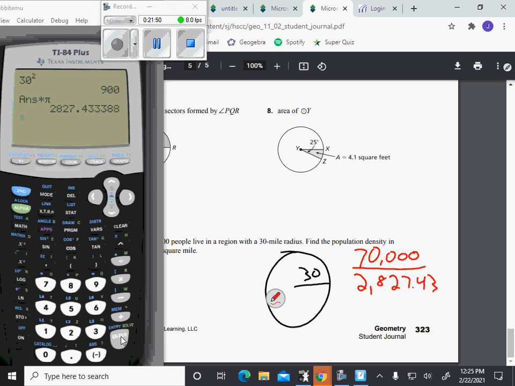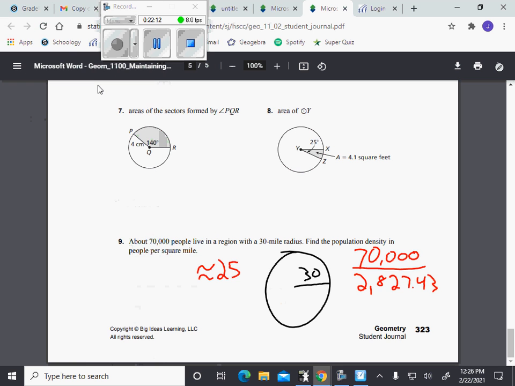All we have to do is divide 70,000 by 2,827.43. 70,000 divided by this number, you should get about 25. Okay, I'm labeling an answer, so about 25 people per square mile.